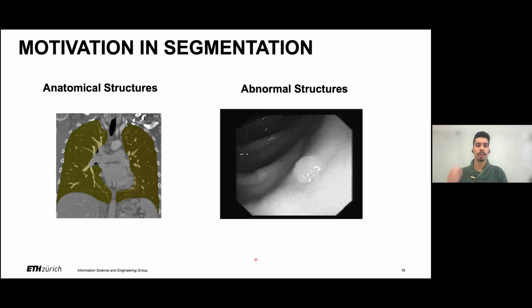For abnormal structures like polyps in the colon, these structures might keep local coherence of their features, but by looking at the global look of the image, there may be features in other parts of the image that can also be exploited to perform this segmentation.